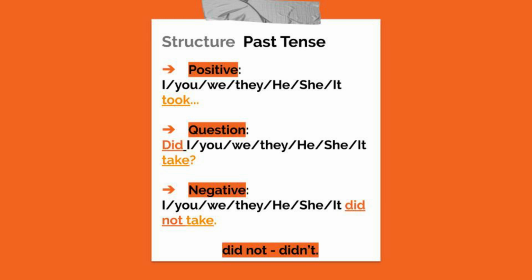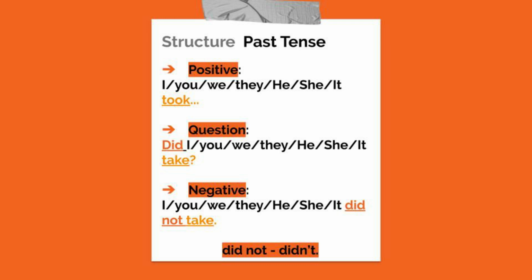Now look at the next one, question. Here, you have to start the question with did. Did I take the pen? Did you take the pen? So here, you can see all the nouns and pronouns again take the same question word which opens the question, did. But another thing we must keep in mind is, look at the verb.